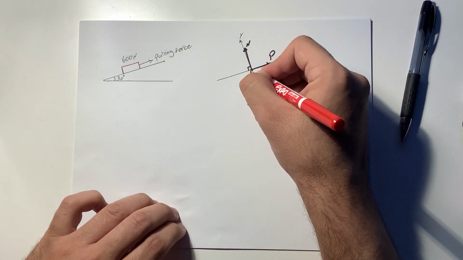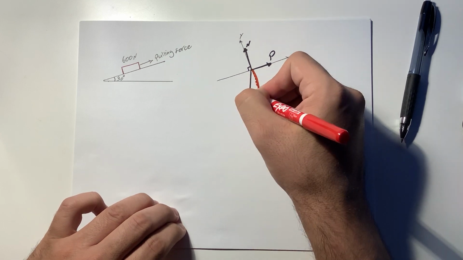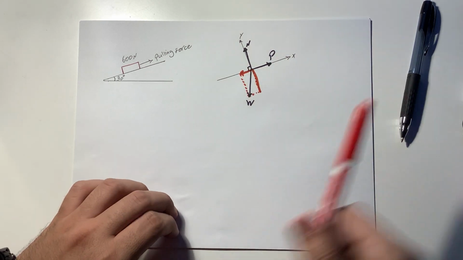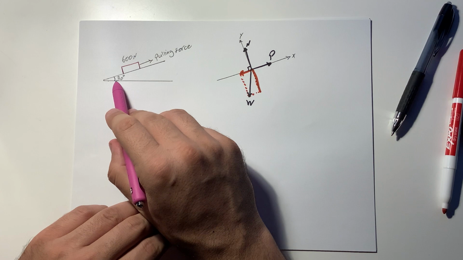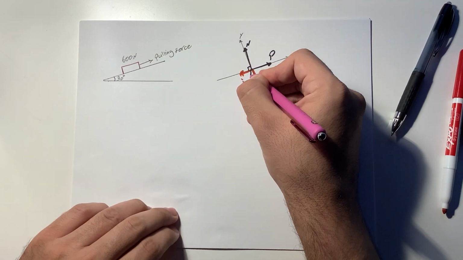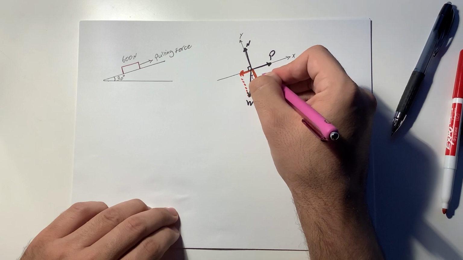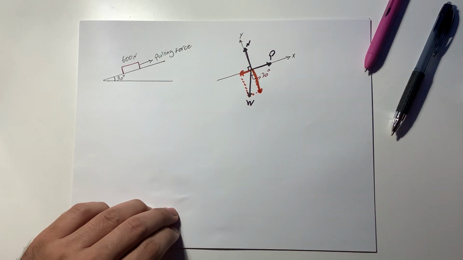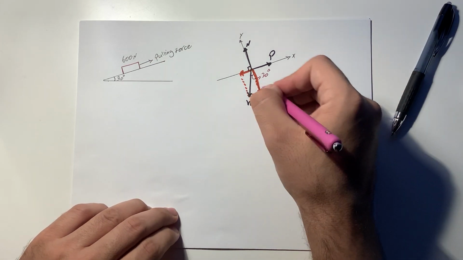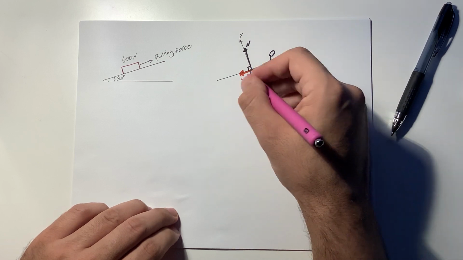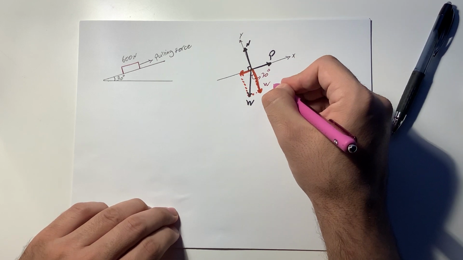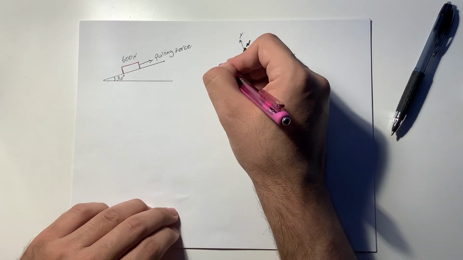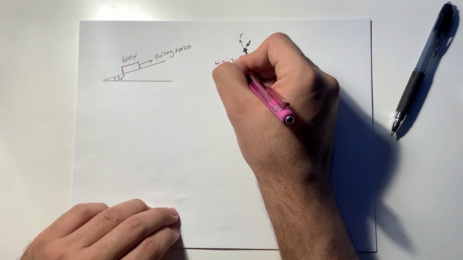Let's find the components of W. This one is 30 degrees, so that means here is also 30 degrees. The value of this vector, or the y component of W, is W cosine of 30 degrees, and the value of this one is W sine of 30 degrees.